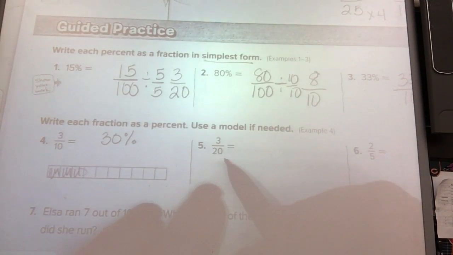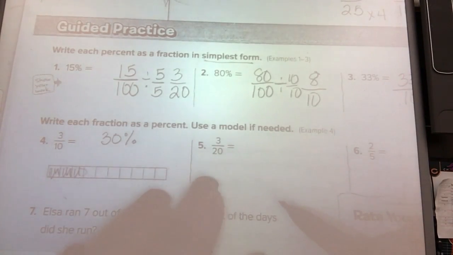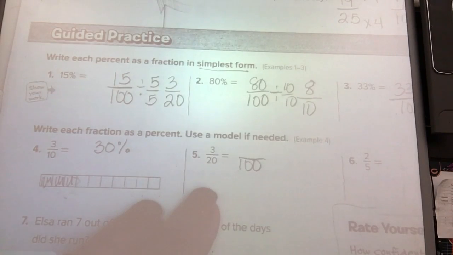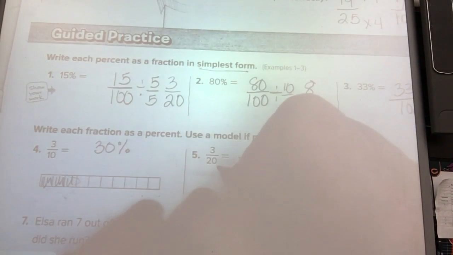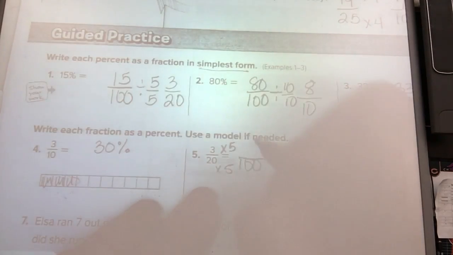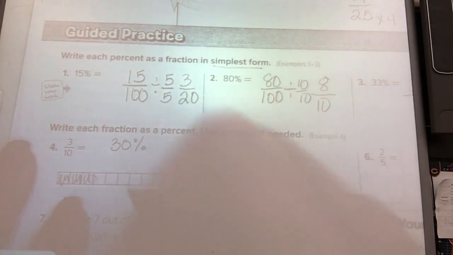3 out of 20. Well, let's get it to 100. 20 times what is 100? What you do on the bottom, do on the top. 5 times 3 is 15. If you didn't like this modeling over here, you could have done that as well.